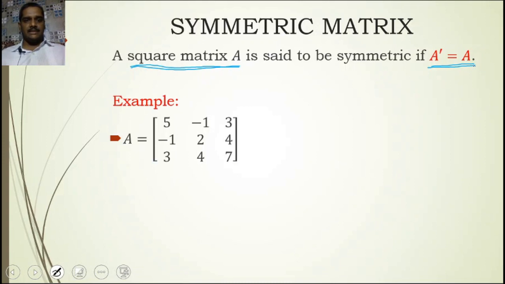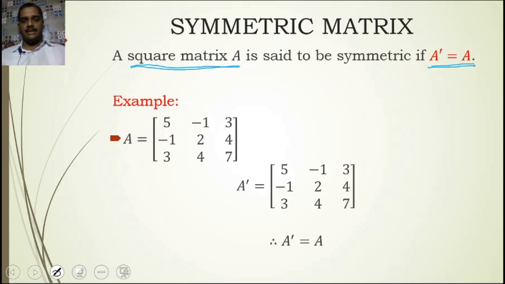Let's see an example. So here is one example. What I suggest, you all can pause the video and take the transpose of this matrix. Are you getting the transpose of the matrix as this? And now if we compare this A transpose with A, both are one and the same.